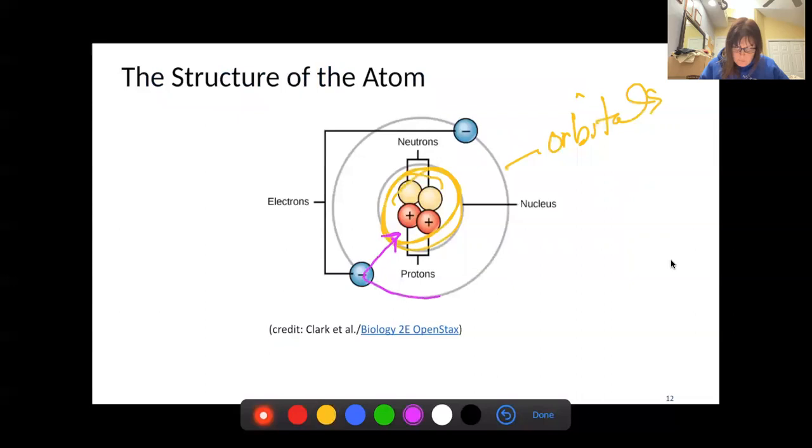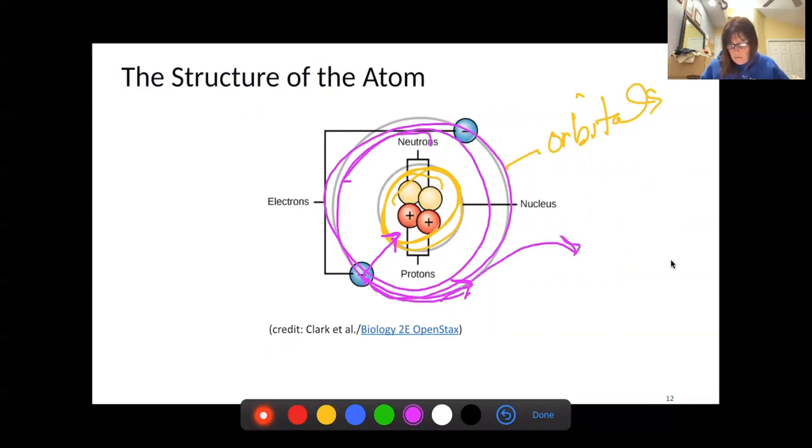This centripetal force, with the electrons spinning around, wants to throw them out. But the attractive force between the positive and negative charges is holding on to that electron.